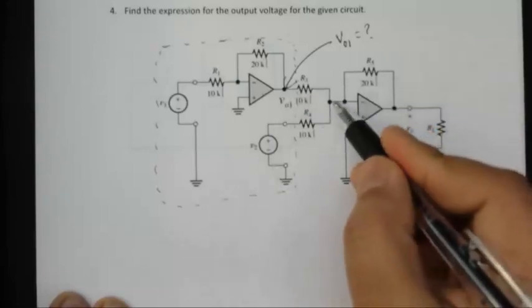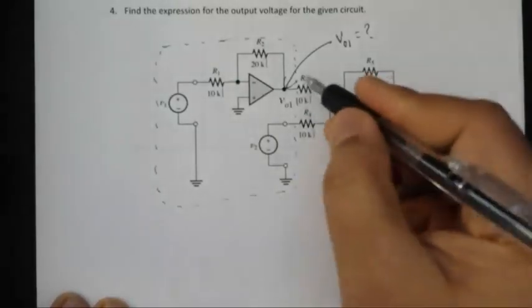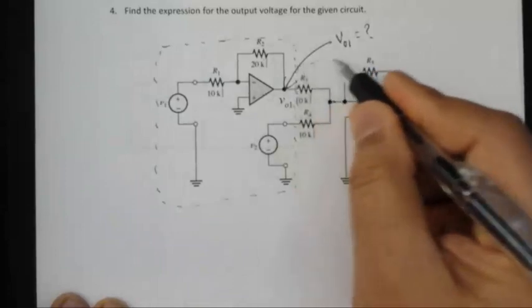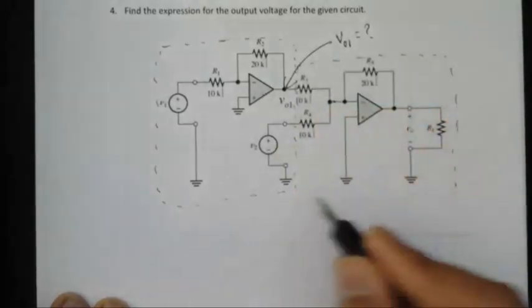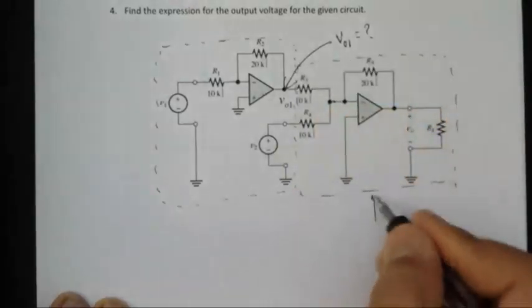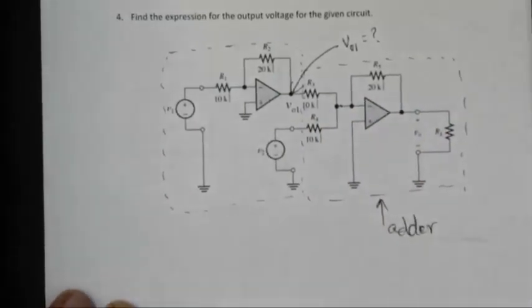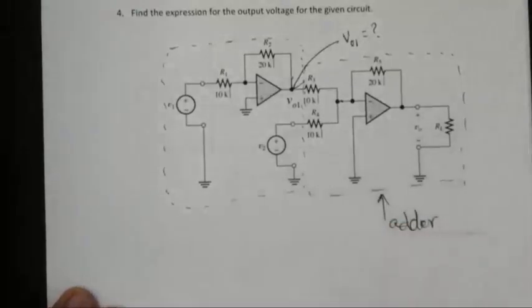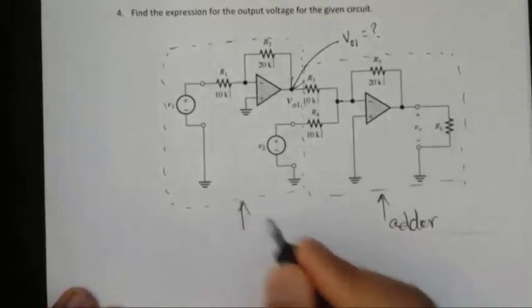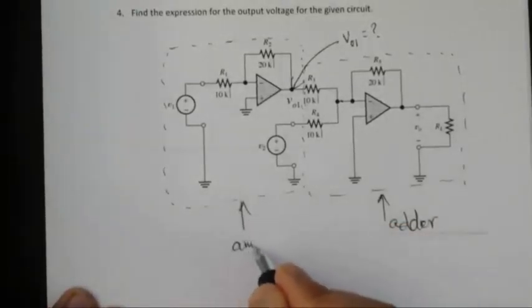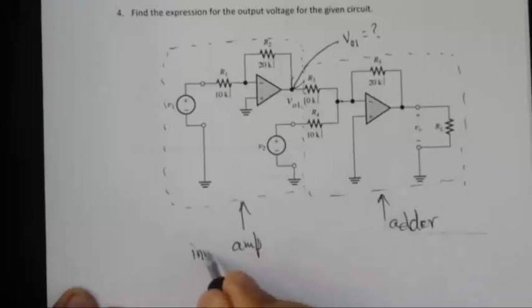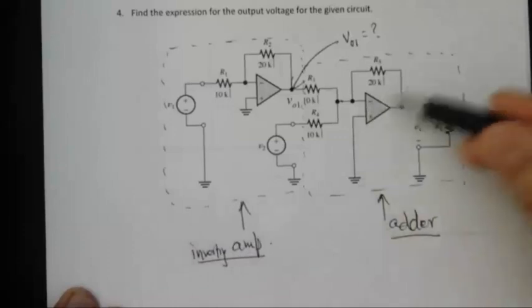Then you can apply KCL, and if you remember from the theory part, this second part is just the adder. You don't need to memorize the formula, you can just derive it by using KCL. The first stage is just the inverting amplifier, and the second stage is just the adder.